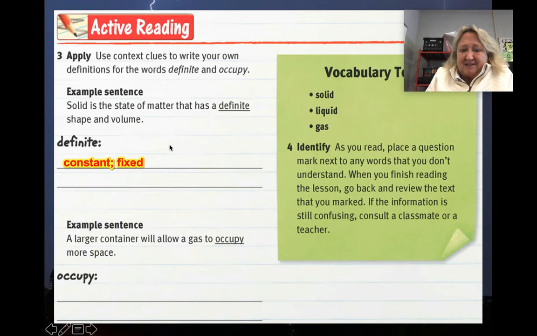Constant, fixed, steady, doesn't change, all of those words. Next example, occupy. As it says, a large container will allow a gas to occupy more space. Think to yourself what a word for occupy would be, and that means take up.